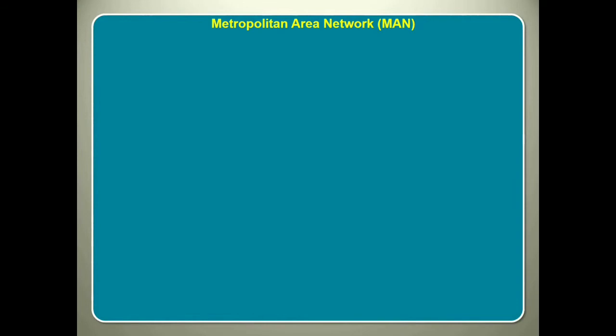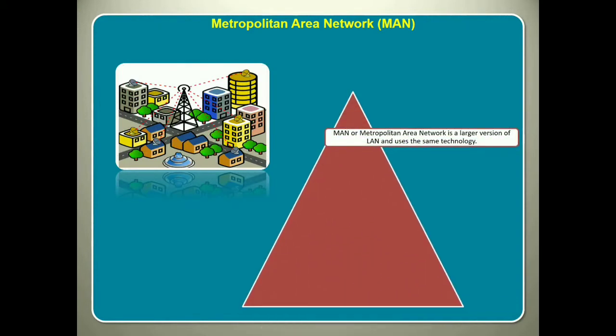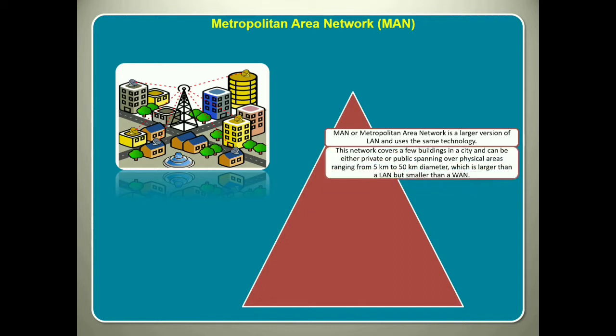Let us now learn about MAN or Metropolitan Area Network. This network can be thought of as a larger version of LAN and uses the same technology. You will find that this network covers a few buildings in a city.